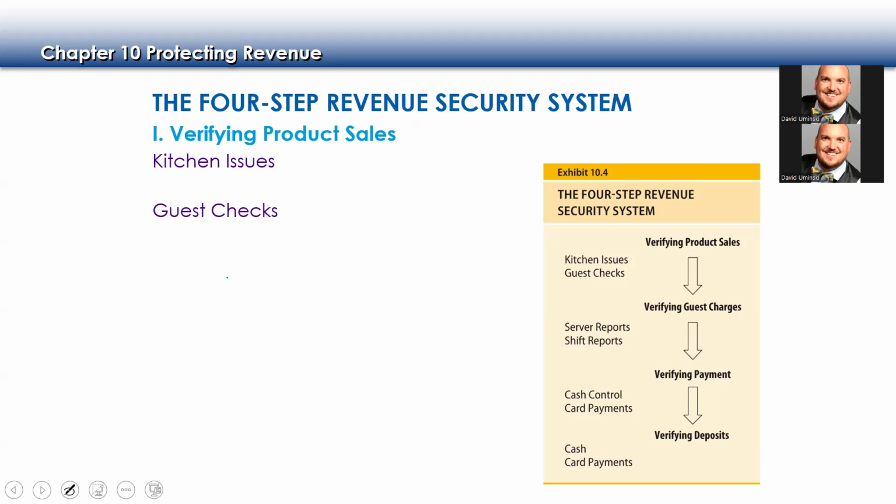What is the issue with having a negative variance? We are losing money. Okay. So that means a steak went out of the kitchen. We prepared a steak and it was served, but there was no ticket for it. If there's no ticket, then I didn't charge a guest for that.